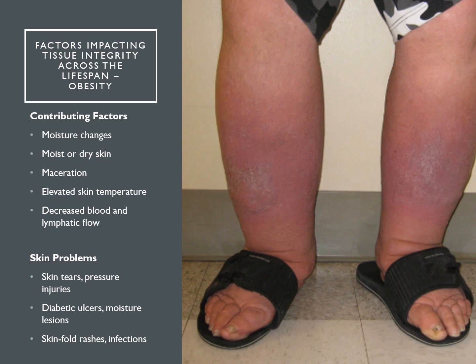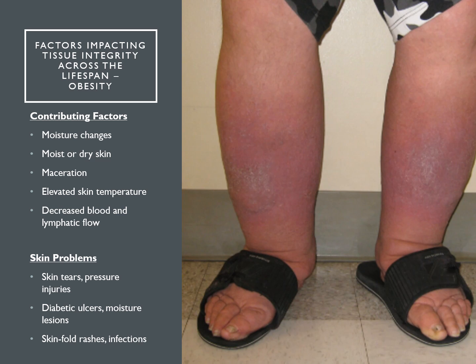They can have maceration not just on their bottom from incontinence, they can have maceration under the breast, under the abdominal pannus, under their bottom, like under where their butt kind of meets the top of their leg, because it's a skin fold now that wasn't there before. So with them, they can have that maceration anywhere in any skin fold because the moisture just sits there and can't get out. And then they have elevated skin temperature just because there's excess body weight that's causing more temperature.